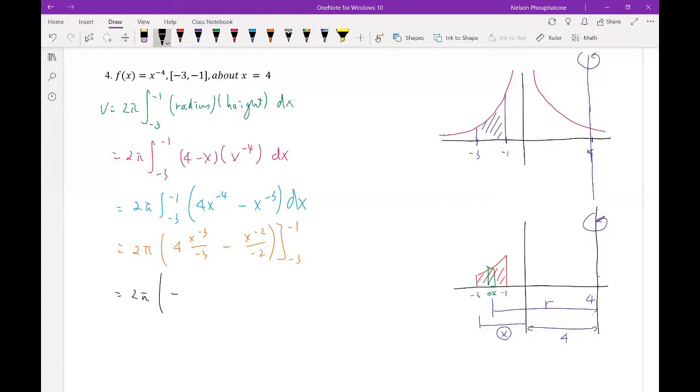So I have -4 over 3 x to the power 3, and then plus 1 over 2 x squared integrate between -3 and -1.